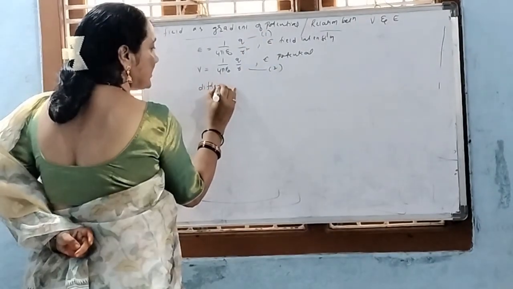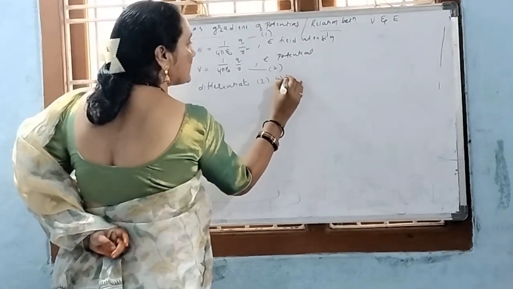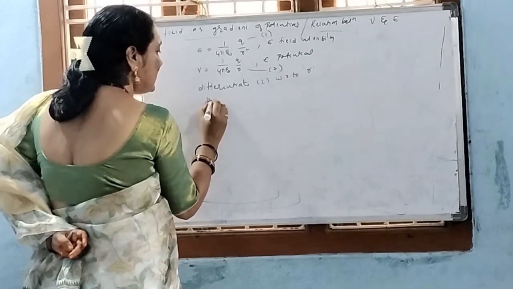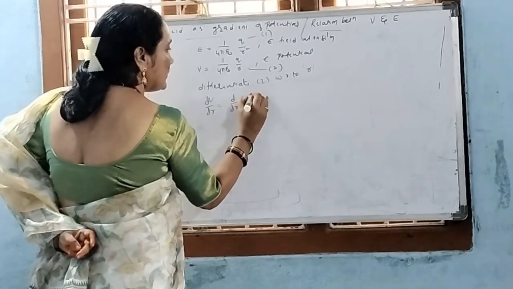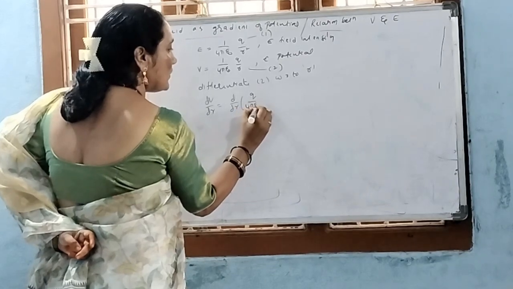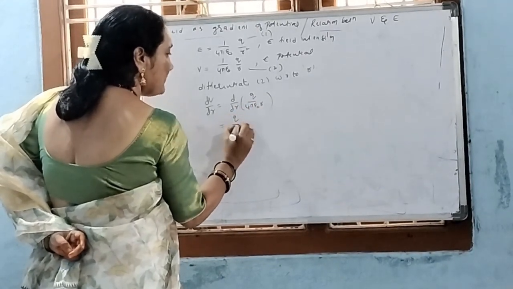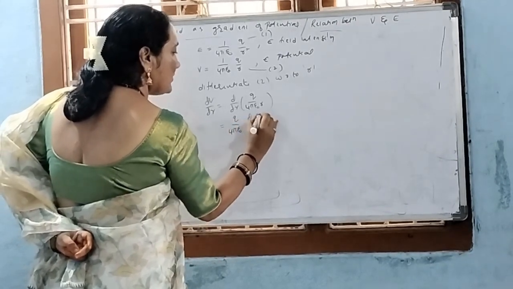Now let us differentiate equation 2 with respect to r. dV by dr is equal to d by dr of Q by 4 pi epsilon naught r, or Q by 4 pi epsilon naught times d by dr of 1 by r.